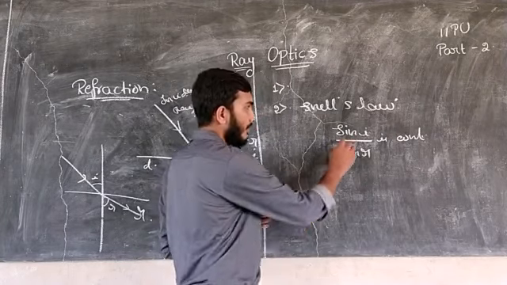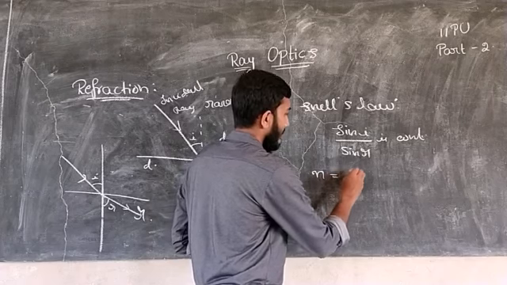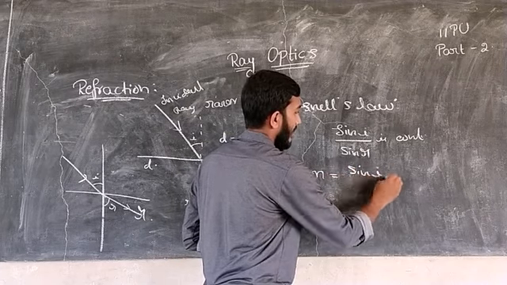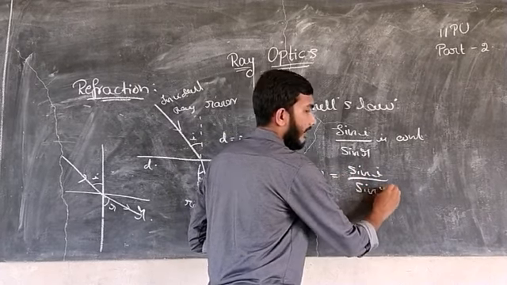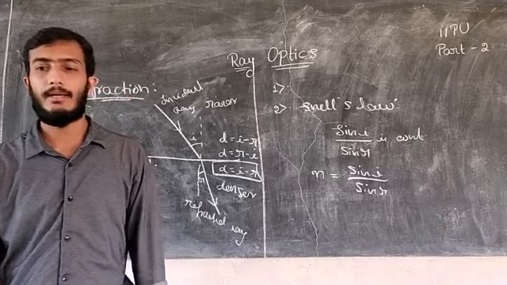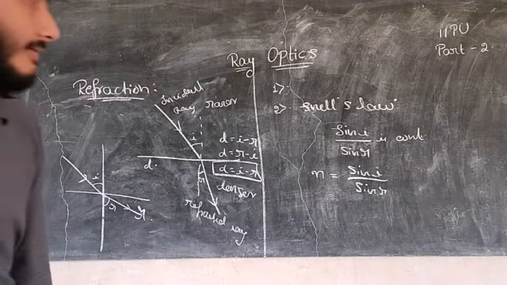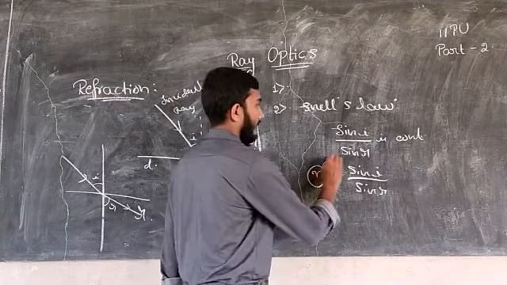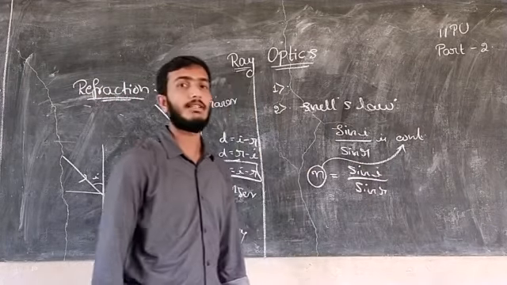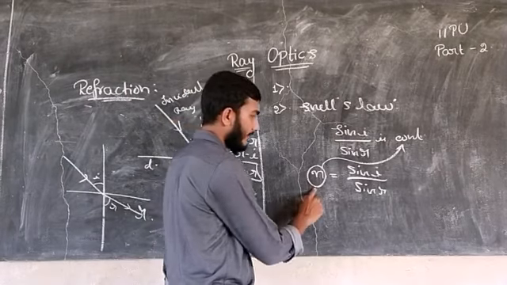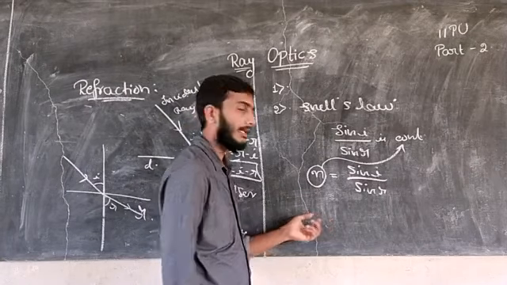The expression is n equals sin i divided by sin r, where n is called the constant. The constant here is the refractive index.